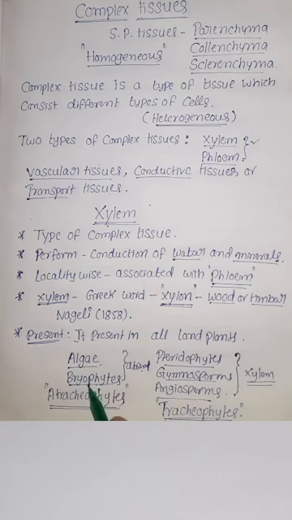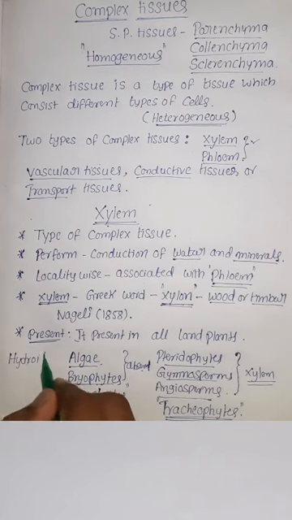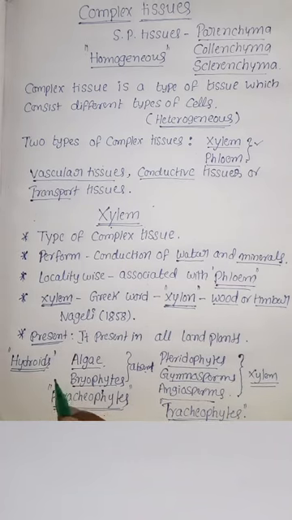Then how do these two groups of plants perform transportation or conduction? A special type of cells is present in these two groups. They are hydroids, a special type of vascular cells. Through these the transportation takes place.